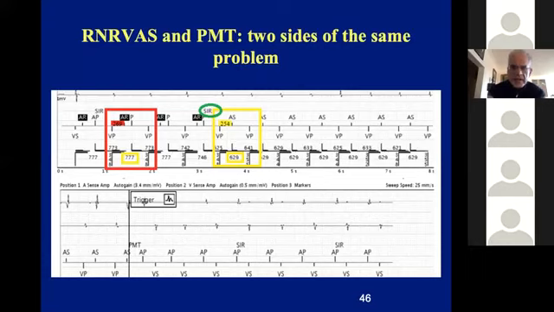In one instance, atrial retrograde conduction occurs within the PVARP, and with PMT, it's outside of the PVARP. Therefore, curing PMT by lengthening the PVARP may not necessarily solve the problem, because you may convert PMT into RNR-VAS in future instances.